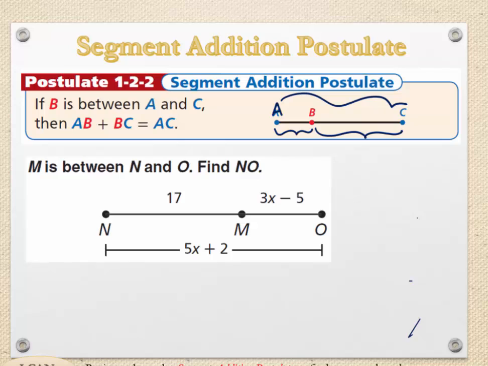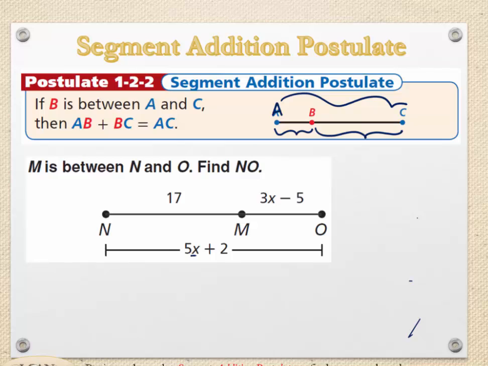Now, we use that to do some math behind it, and this is where algebra skills come in. We're going to take a geometry concept and use algebra to solve for x. So it says that M is between N and O. Find NO. I've got to find this total length here. And it tells me the total length, but it gives it in terms of x. So we need to solve for x so we can figure that out.